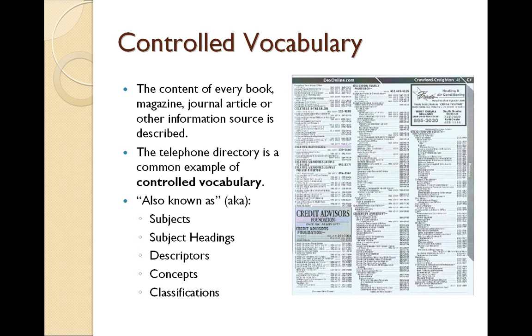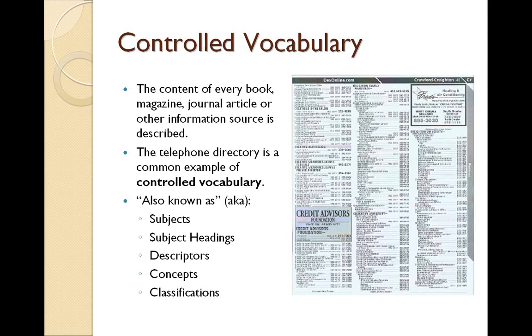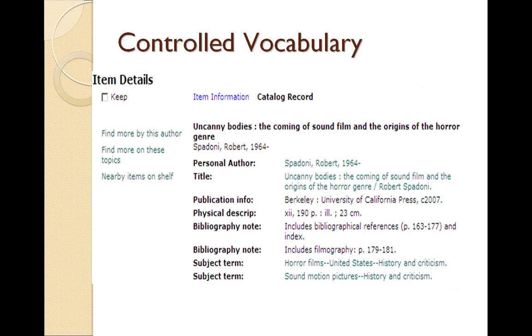So that means that someone else has taken control, I guess you could say, and made it so that you can find every single physician in the area. You just have to know that you go to physician. So controlled vocabulary is also known as subjects, subject headings, descriptors, concepts, or classifications.